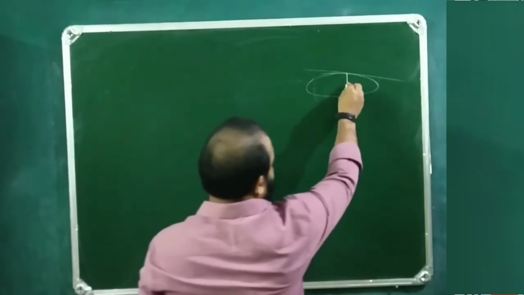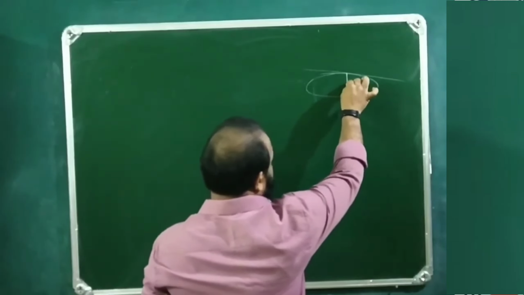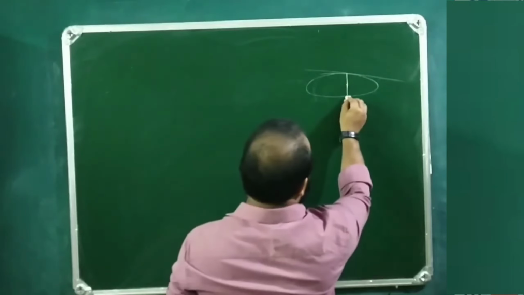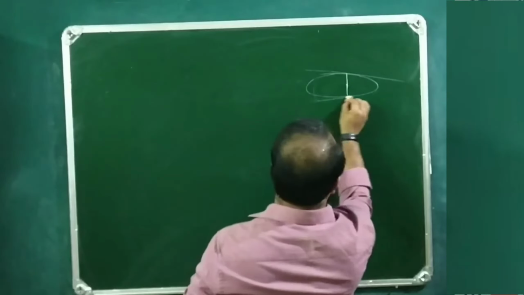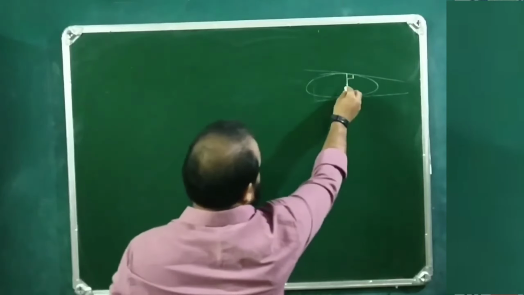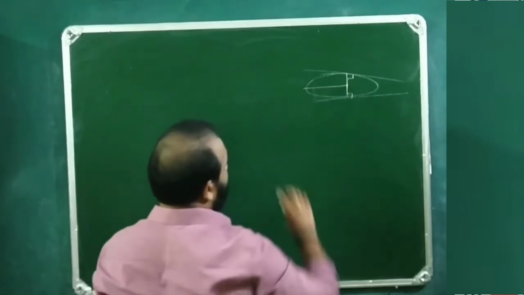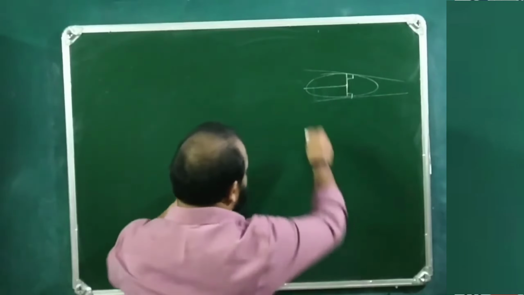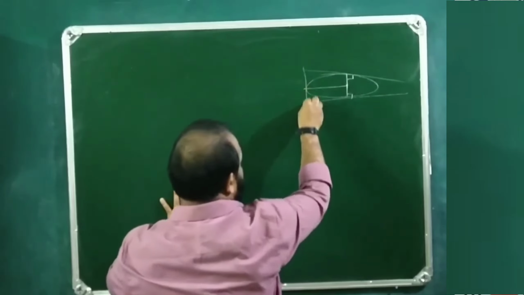So from this point, this is the normal here. If this is a normal, this is the tangent, and this is one normal. So if this is a normal, this is the tangent.